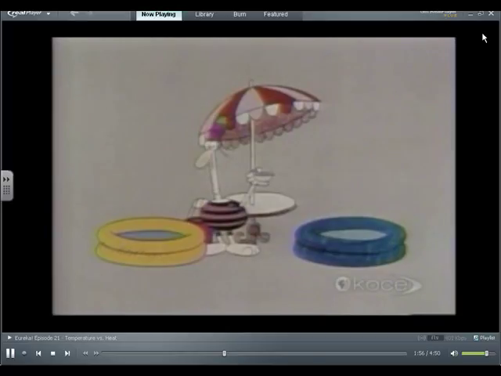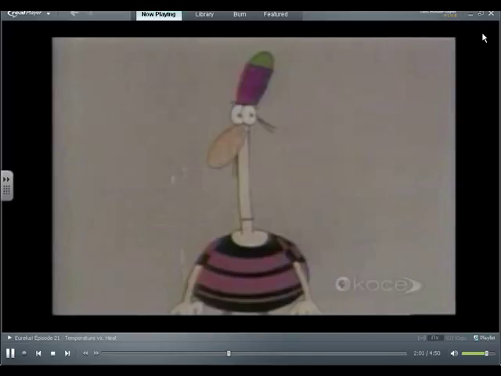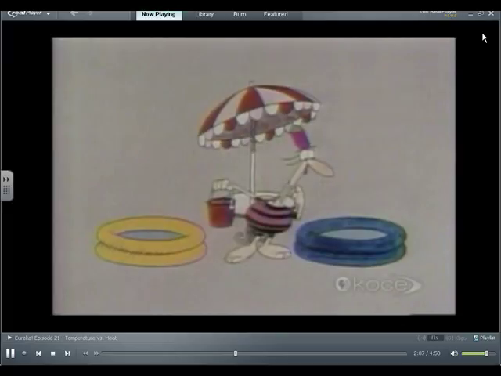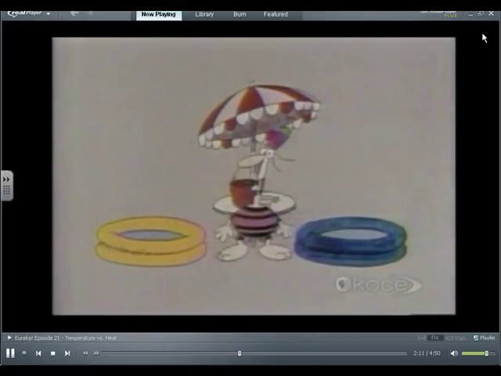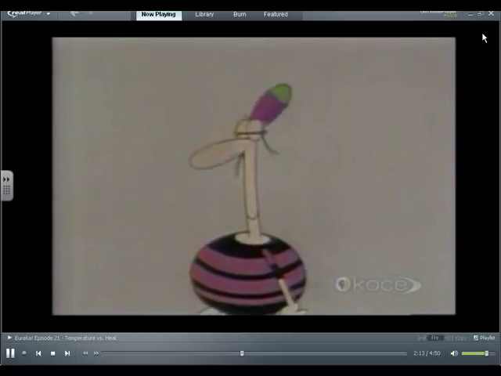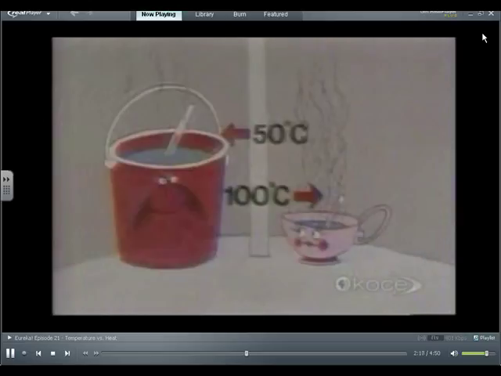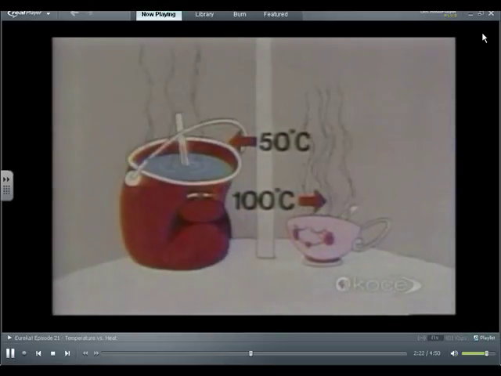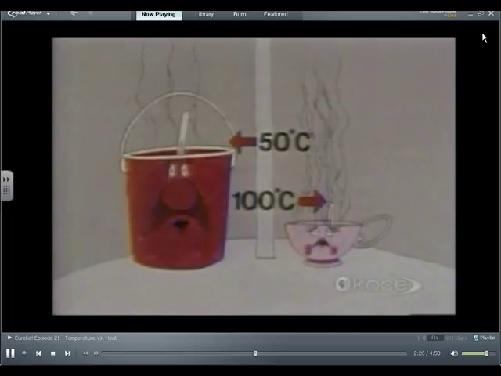When you pour the cup of boiling water into the yellow pool, does the water feel any warmer? You can hardly feel any difference at all, can you? Now pour the bucketful of 50-degree water into the blue pool. How does that feel? Quite a bit warmer? Aha! So even though the water in the cup was considerably hotter than the water in the bucket, the 50-degree bucket water is much better at heating up swimming pools than the 100-degree cup water.